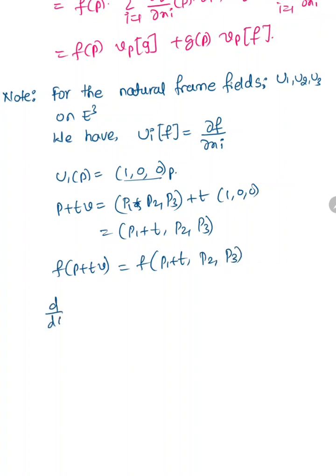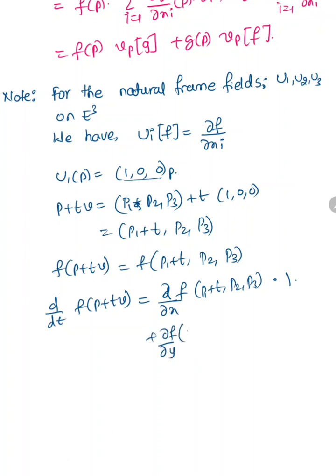Now d by dt of f of P plus tV is equal to dou f by dou x multiplied by 1, plus dou f by dou y at P1 plus t, P2, P3.